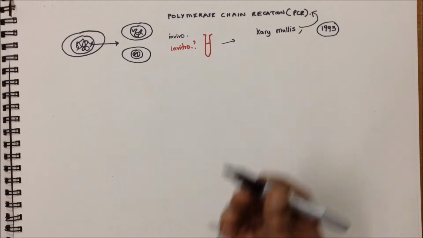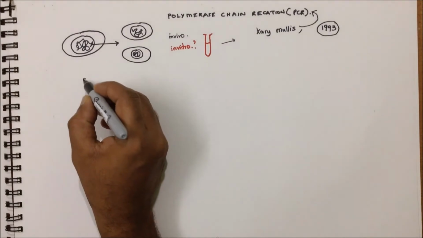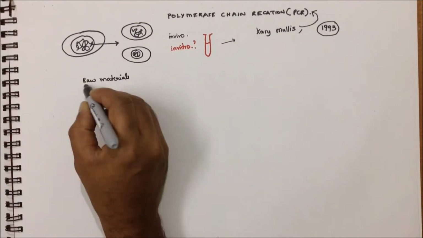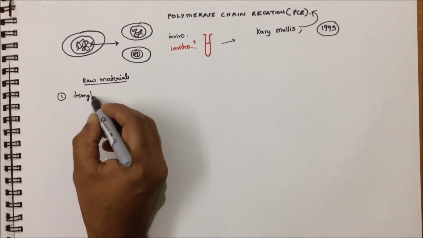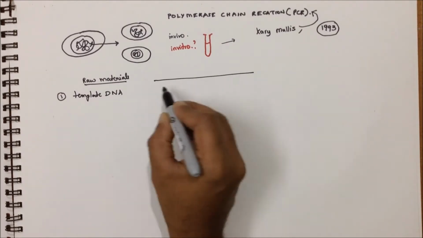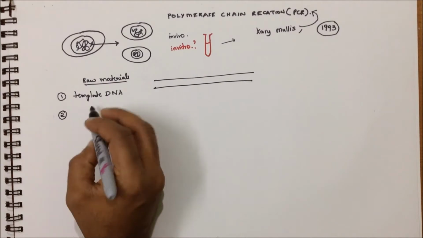Before going to the mechanism of PCR, we'll see there are some requirements for the PCR reaction, what we call the raw materials. What are the raw materials required for the PCR reaction? The first one is the template DNA. It's a very important one, where I need to amplify my gene.